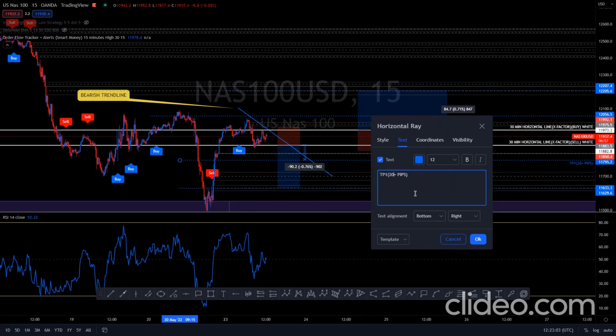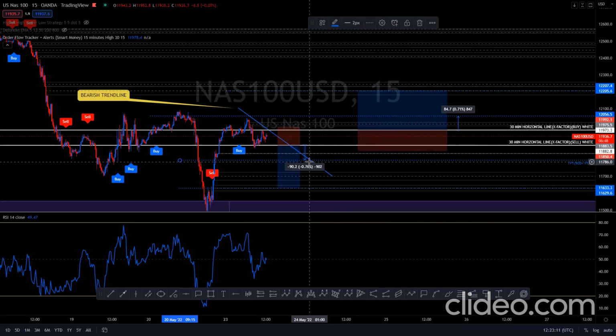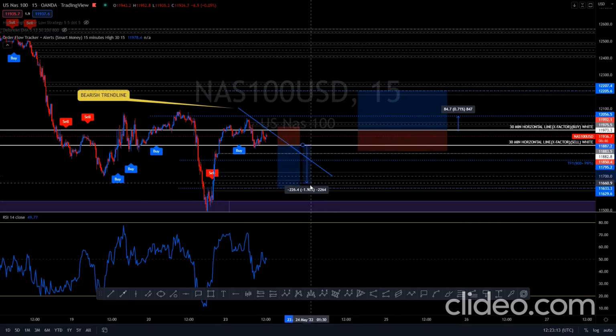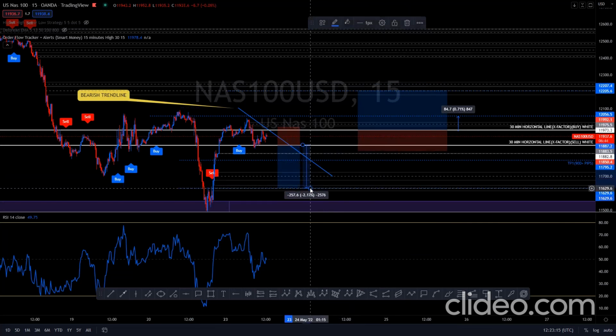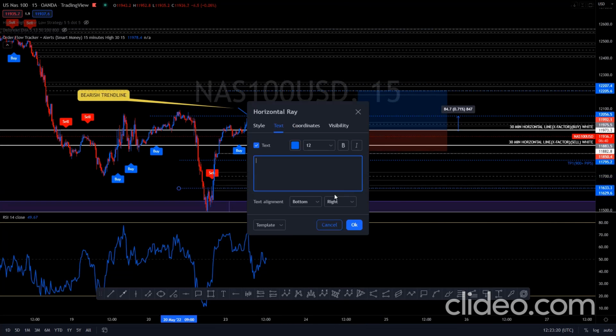That is over 900 plus pips for TP1. And then this is over 2,500 plus pips.